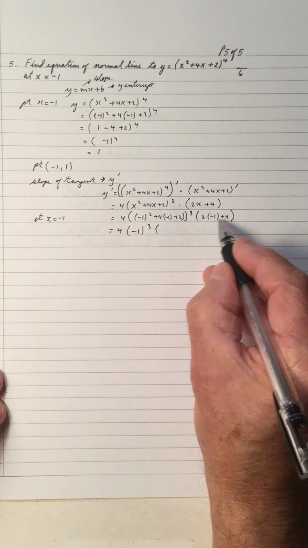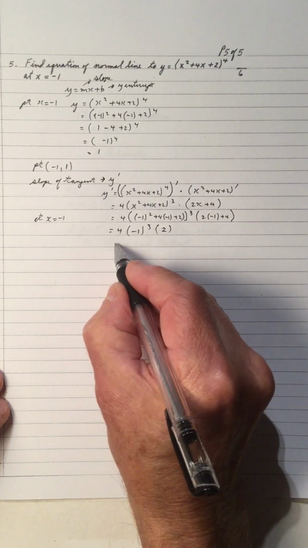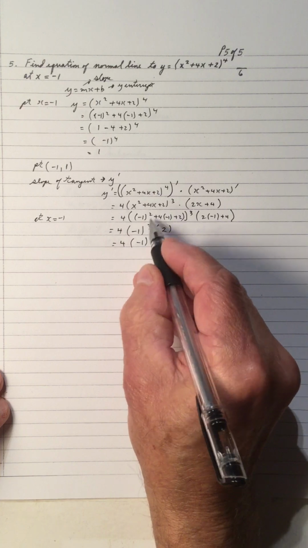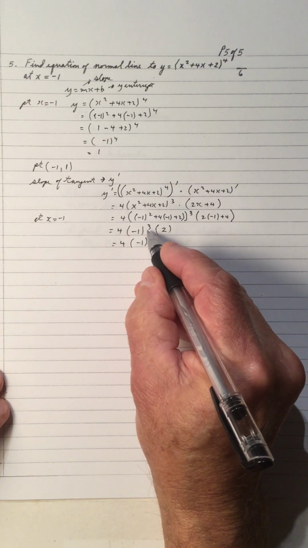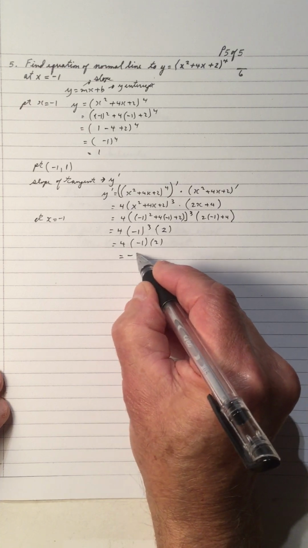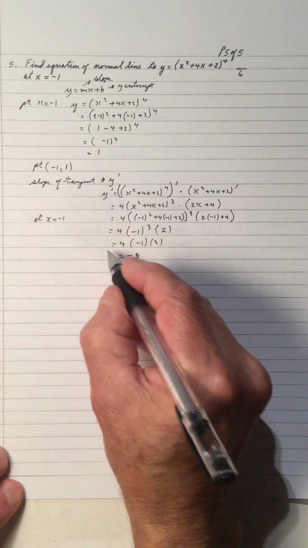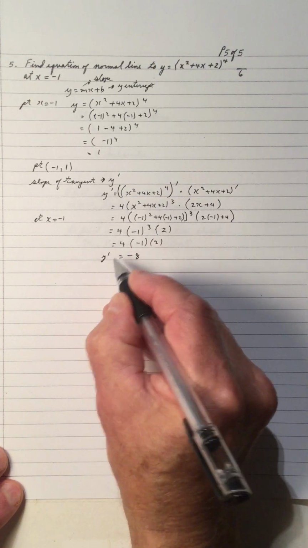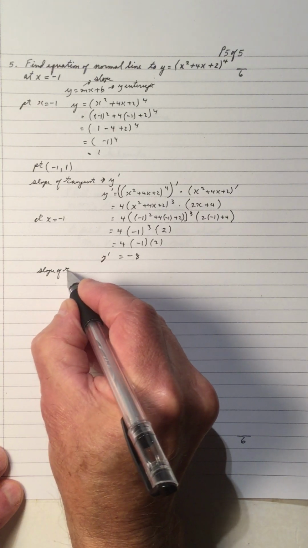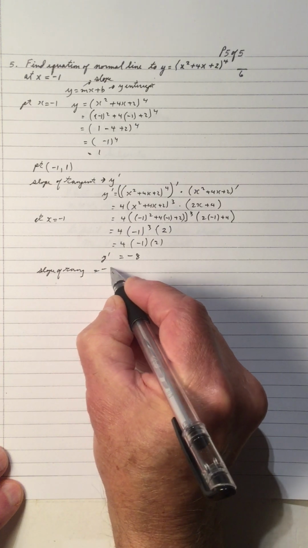And the inside of here, that's negative 2 plus 4, that's a 2. So that's 4. Negative 1 cubed, we got to do the power first by PEMDAS. Negative 1 cubed is negative 1. So that gives us a negative 8. So that means that y prime is negative 8. That means the slope of the tangent is negative 8.